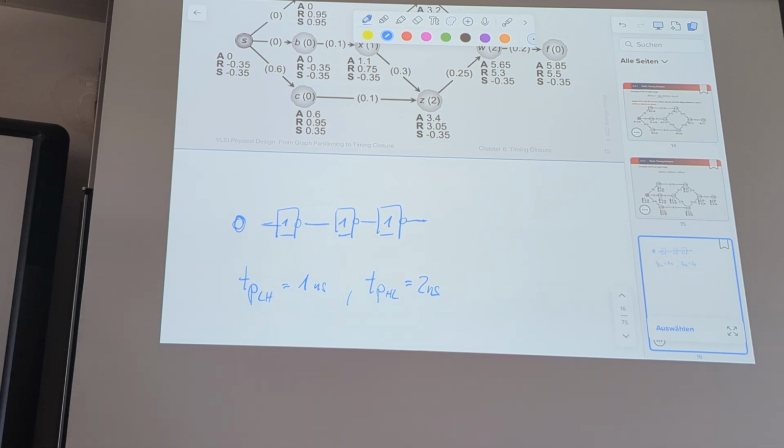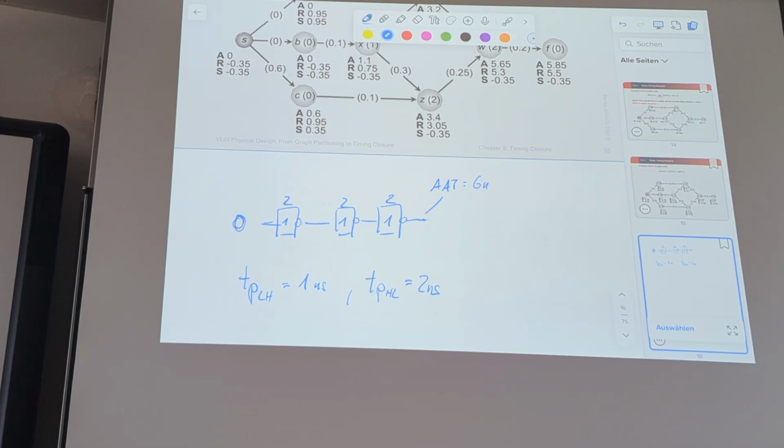You don't look into that. So you would assign 2 nanoseconds for each inverter, and then you would get an AAT at the end of 6 nanoseconds, and that would be your estimation for the delay.